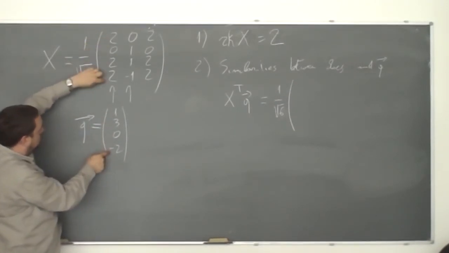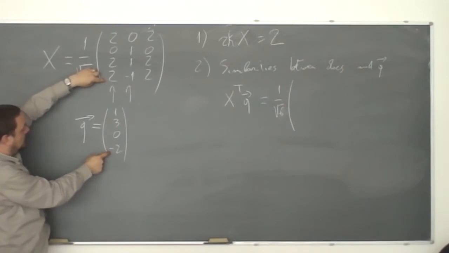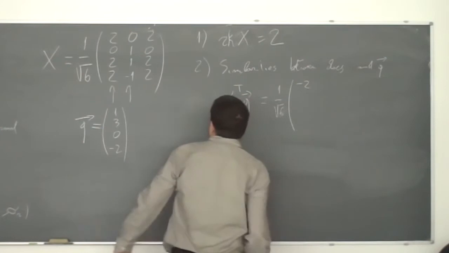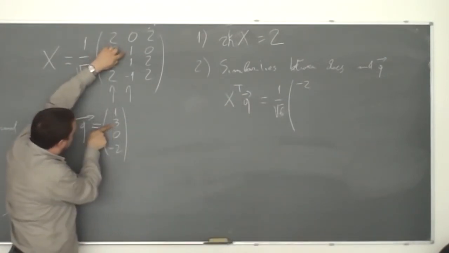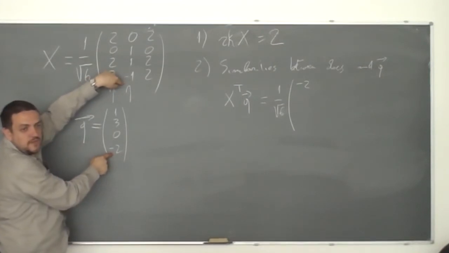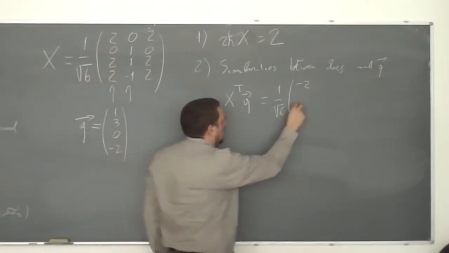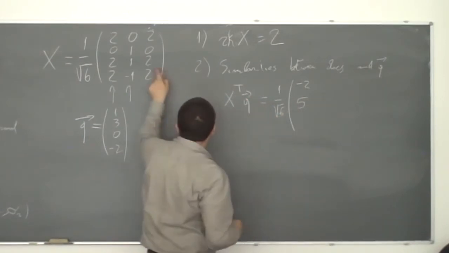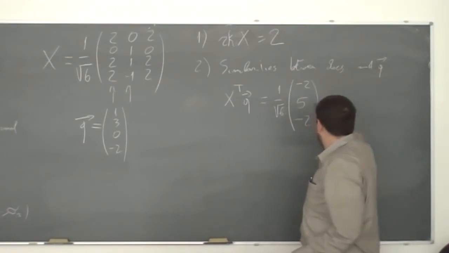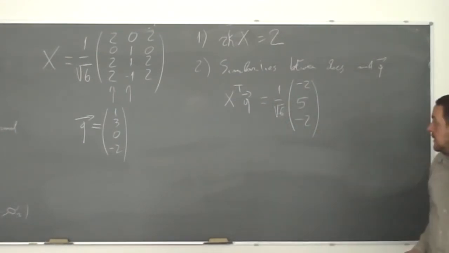It's 2 minus 4, so minus 2. The second is 3 plus 2, so it's 5, I think. And of course the third column is equal to the first column, so we're writing out the similarity. So the answer to the second question is just this.